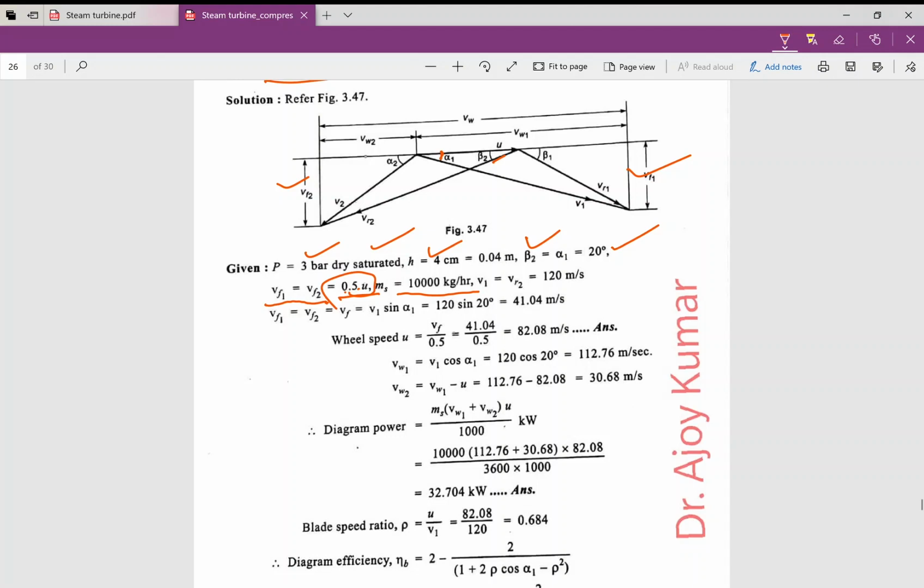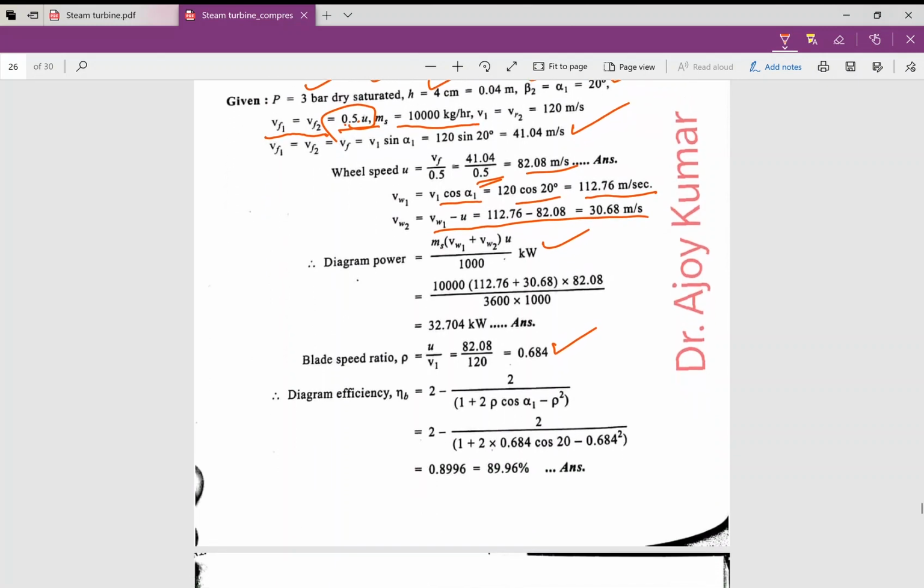If Vf1 is calculated, we can calculate value of u, right, and then Vw1 like this, and then Vw2, diagram power you can calculate, then blade speed ratio, and by using that diagram efficiency you can calculate. Once blade speed ratio is known to us, we can calculate like this.